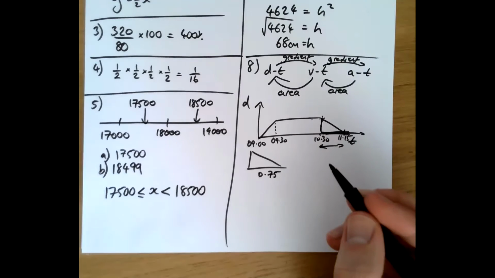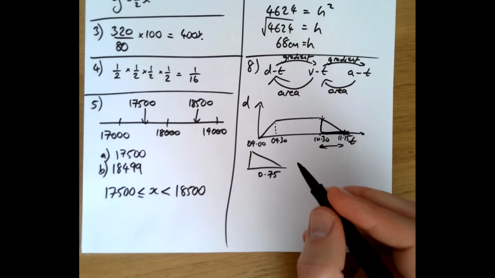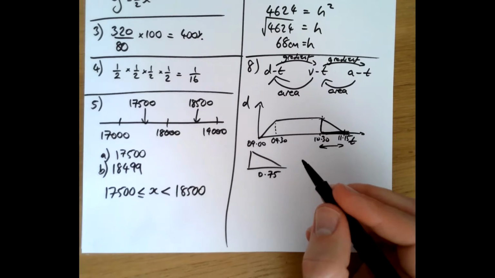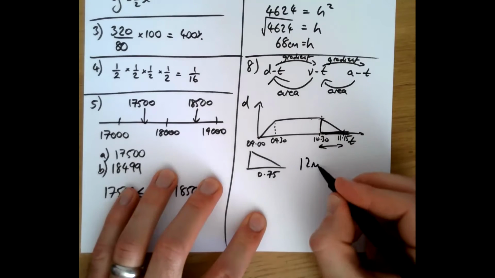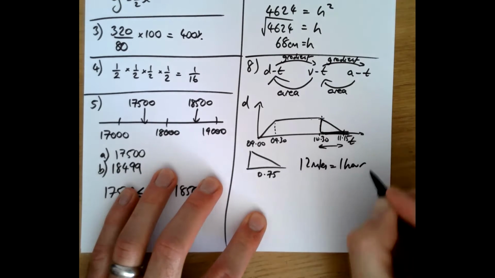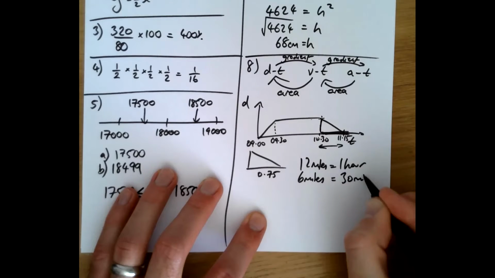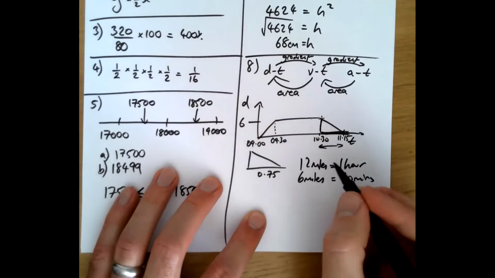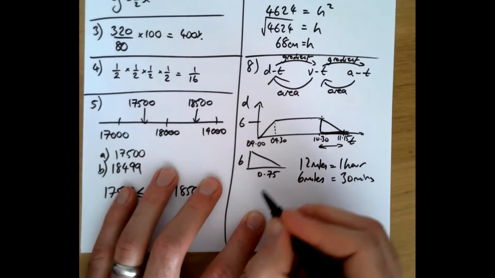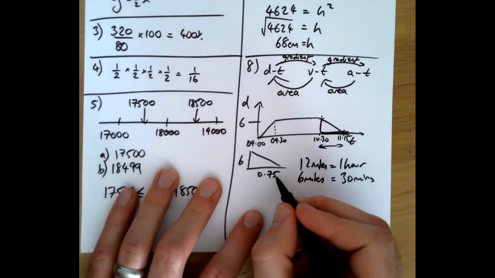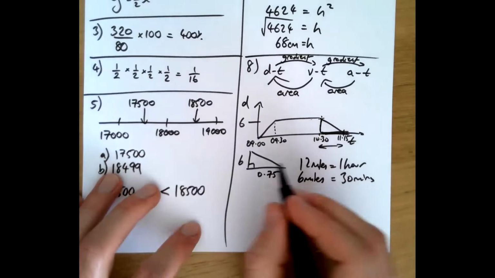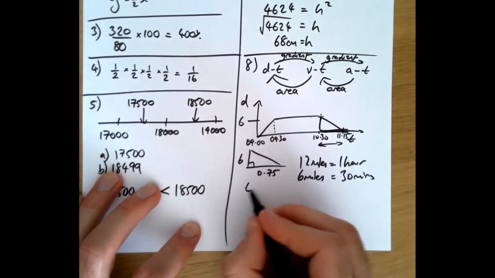He cycles to the library in half an hour at a speed of 12 miles per hour. So if he goes 12 miles in 1 hour, in half an hour he must have gone 6 miles. So that distance there must be 6. So in this triangle, he's gone 6 miles in 0.75 of an hour. So my gradient is going to be the change in y divided by the change in x.